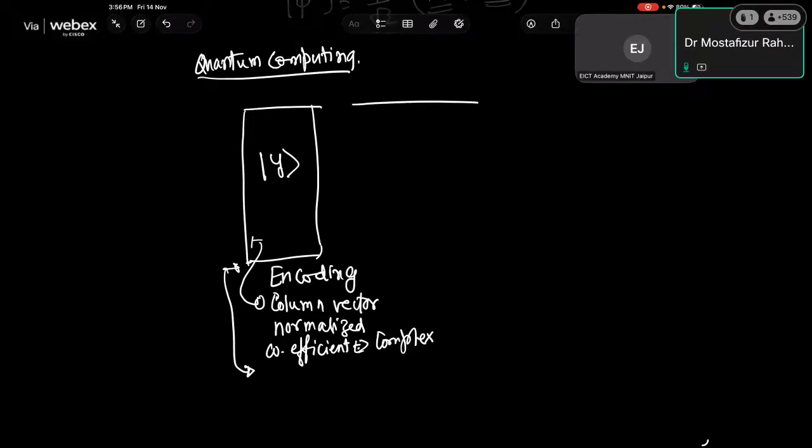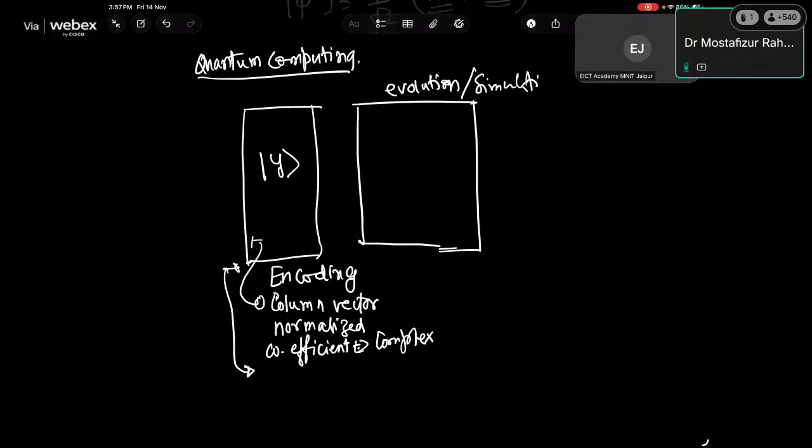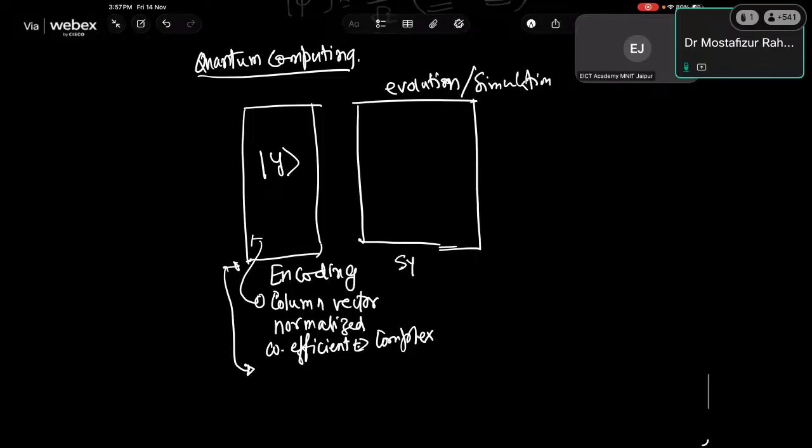Then you need to create evolution, or sometimes called simulation, or sometimes people just call it system representation. In quantum, sometimes people call it quantum circuits, and you need to have quantum circuits for the particular applications that you are doing.